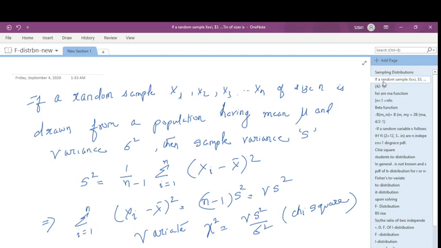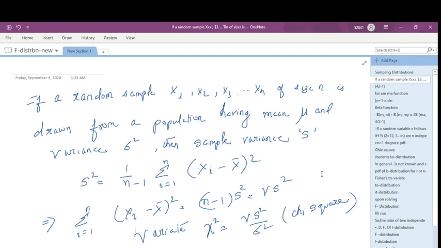So if a random sample x1, x2, x3 up to xn of size n is drawn from a population, let us say a normal population having mean mu and variance sigma squared. So your population has a mean mu and variance sigma squared.